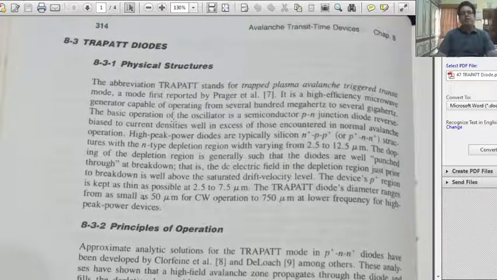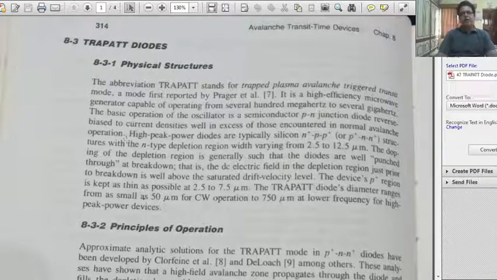The basic operation of the oscillator is a semiconductor PN junction diode reverse biased to current densities well in excess of those encountered in normal avalanche operation.